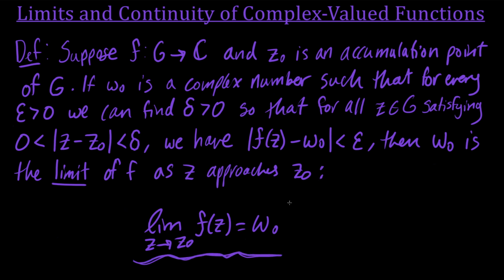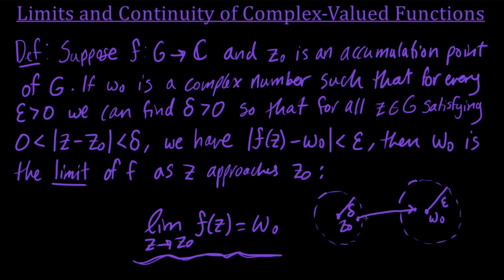And so essentially what this definition is getting at is that for every epsilon greater than 0, which is determining some open disk around w0 of radius epsilon, we want there to be a delta, which determines some open disk of radius delta around z0, such that every point within the delta disk maps to a point within the epsilon disk.